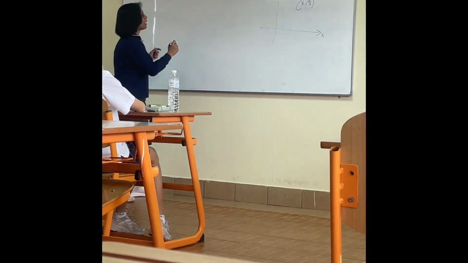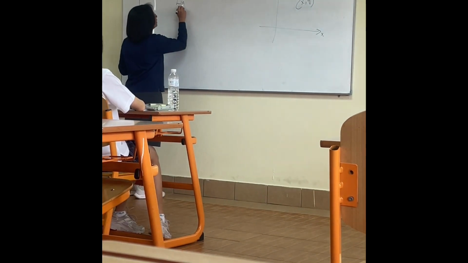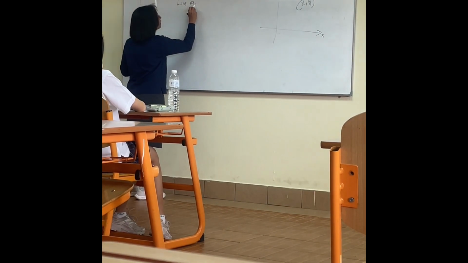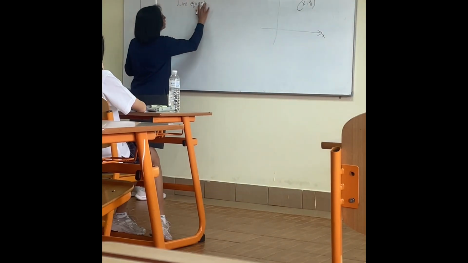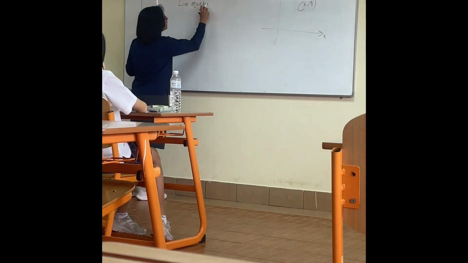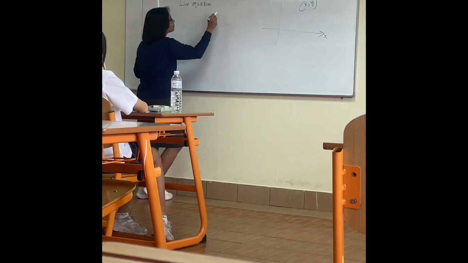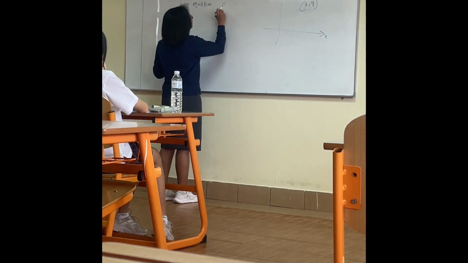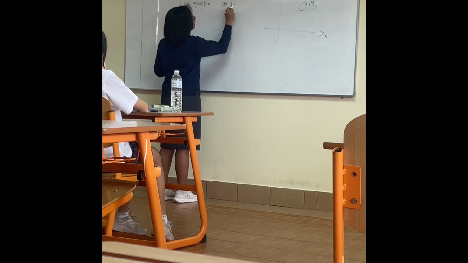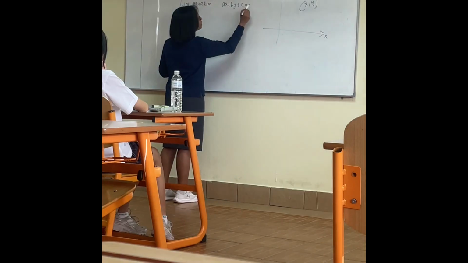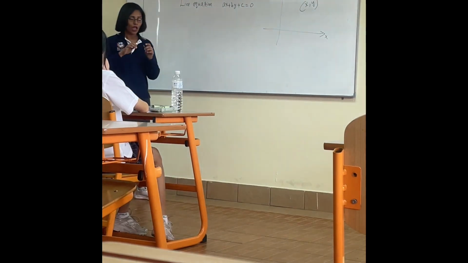Okay, so the line equation, the general form of a line equation will be like this: ax plus by plus c equal to 0.